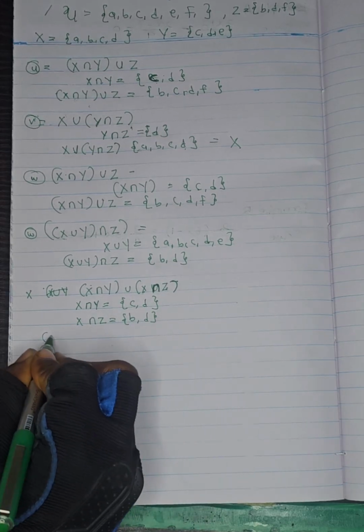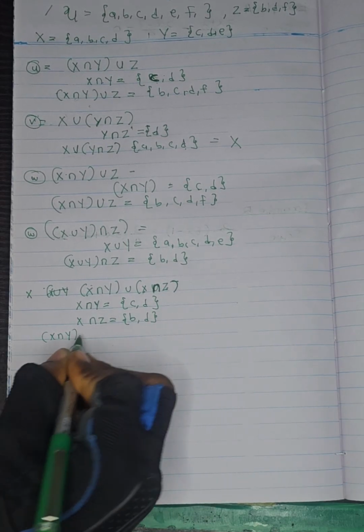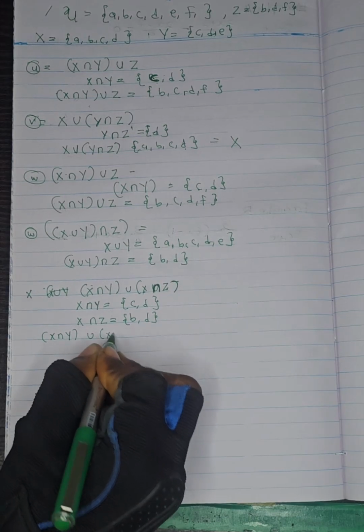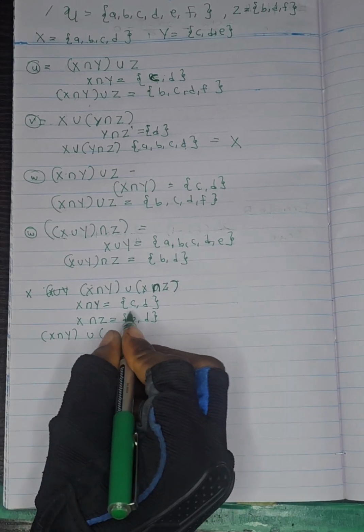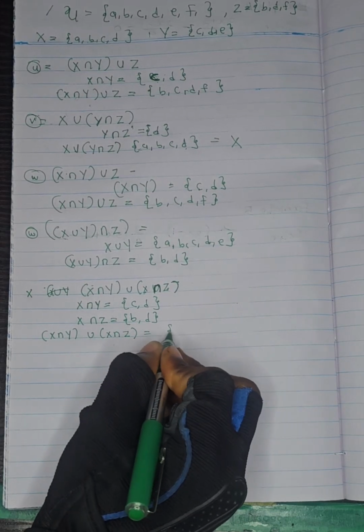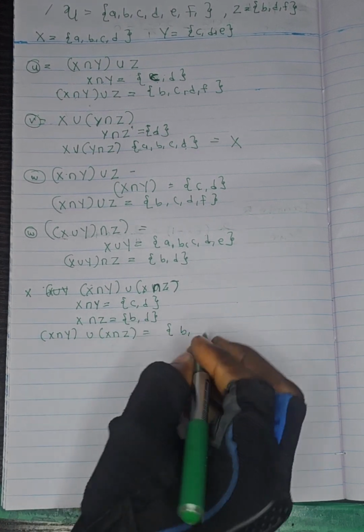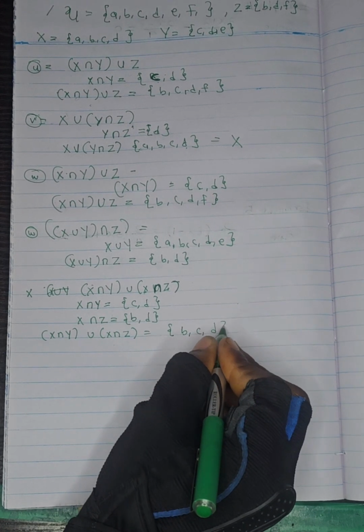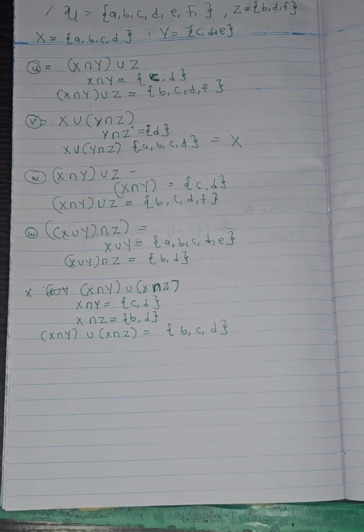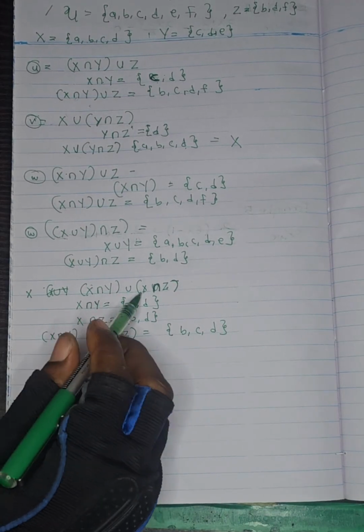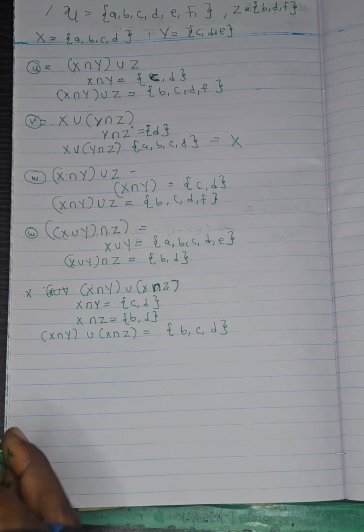So it will now be X intersection Y union X intersection Z. So we simply have B, C, and D. This is our answer. See how I solved it? Very simple. Just solve for those in bracket first before you solve for the ones outside bracket.